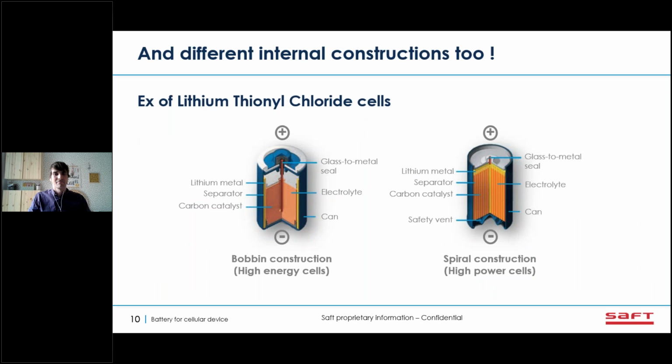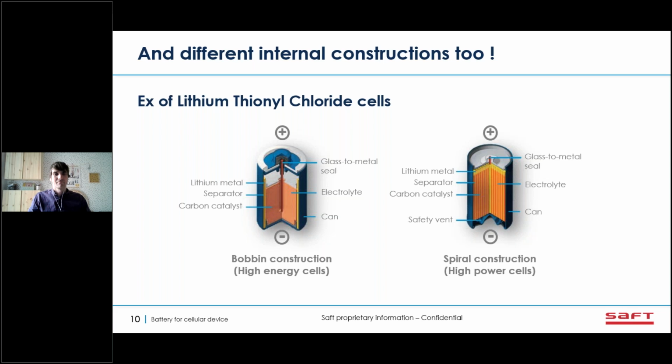As an example, for lithium thionyl chloride chemistry, one of the most popular primary chemistries for electronic systems, you can find two different kinds of internal mechanical construction: bobbin construction or spiral construction.